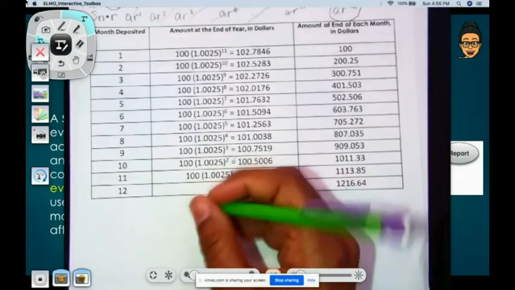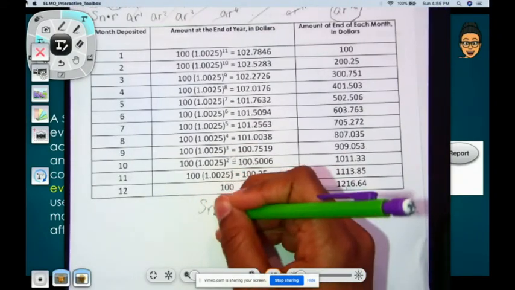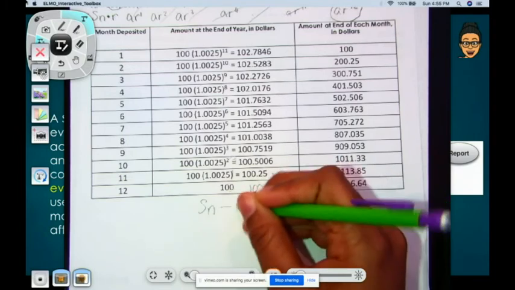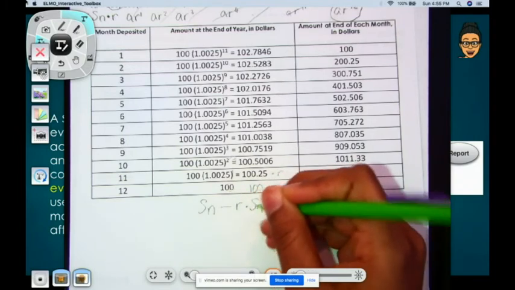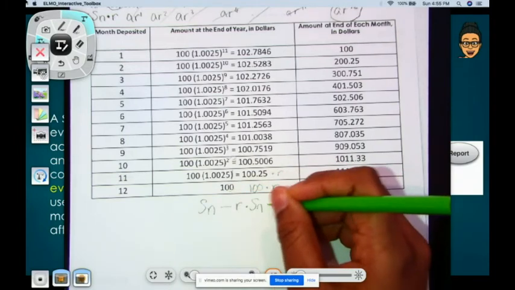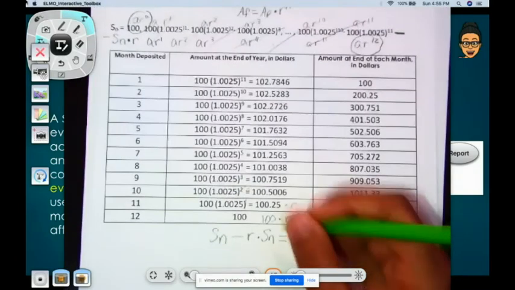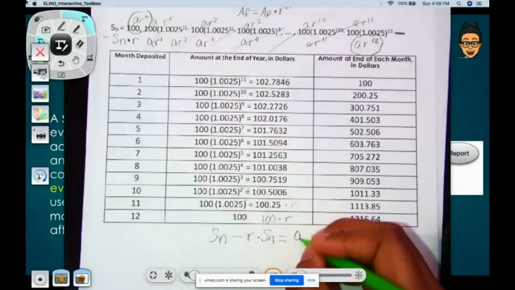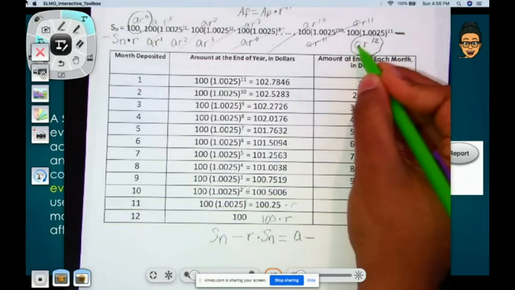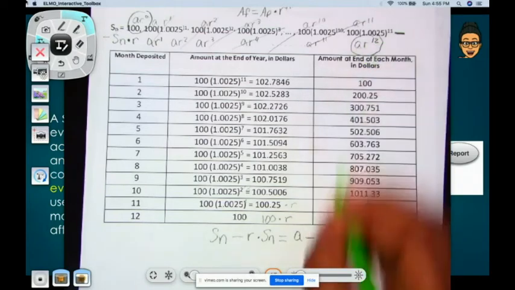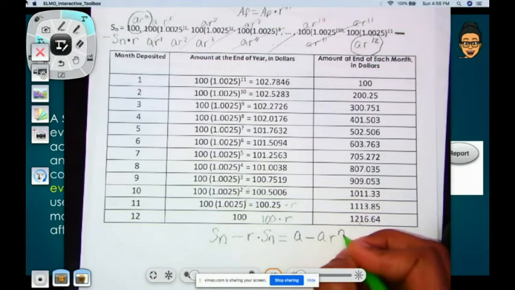It took me a lot of work, but I realized that the sum of my sequence minus the ratio times the sum, taking into account the interest on my last payment if it had sat, would leave me with A minus AR to the period 12, which is n.